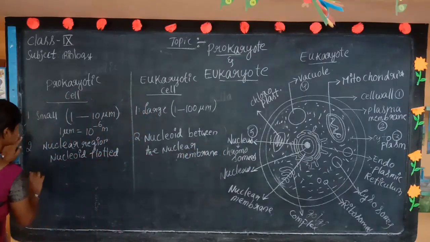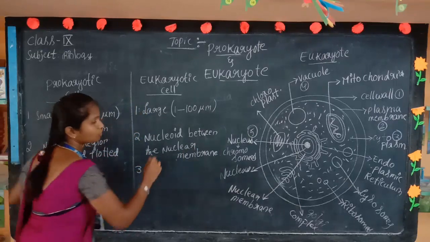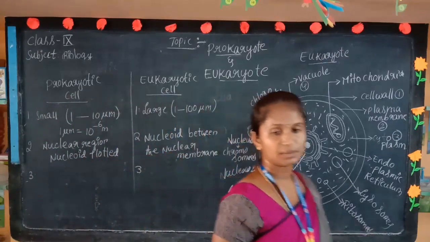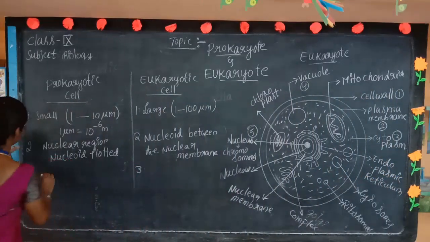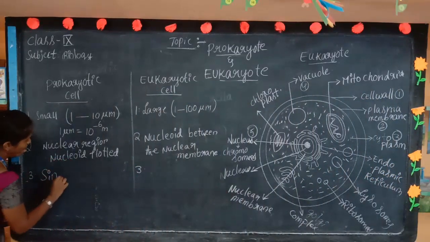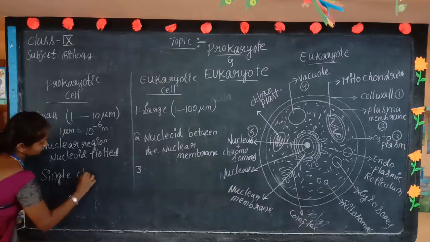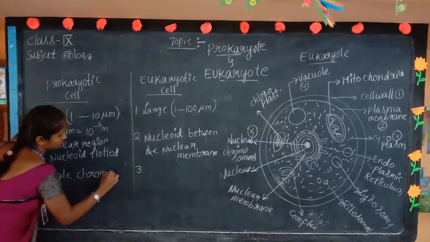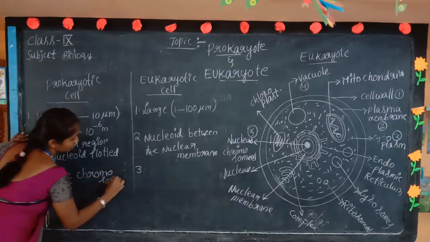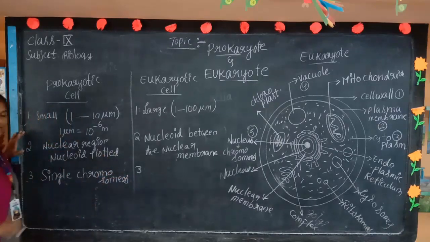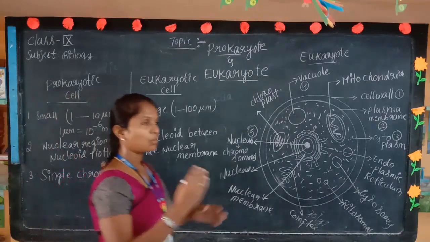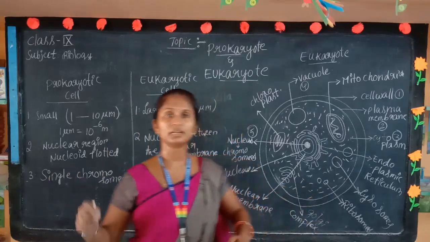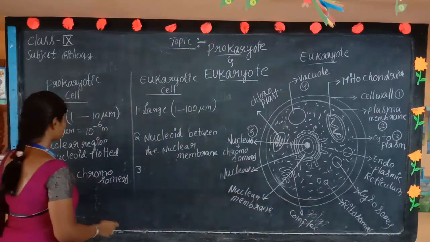And what is the next common difference in both? The chromosomes. Here, in a prokaryotic cell, a single chromosome will be present. Only a single chromosome. If this chromosome wants to double, one, one, one, one, like that only division will occur.